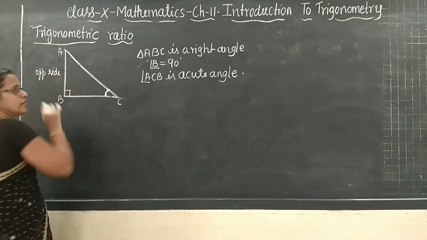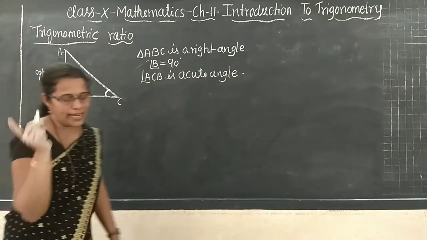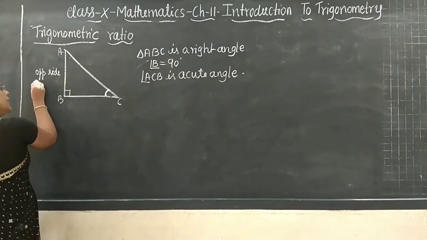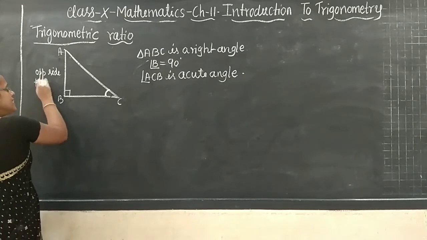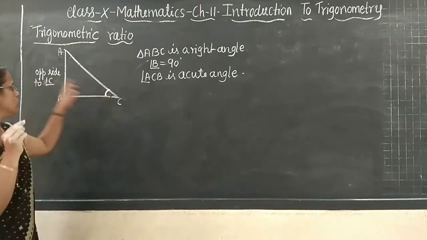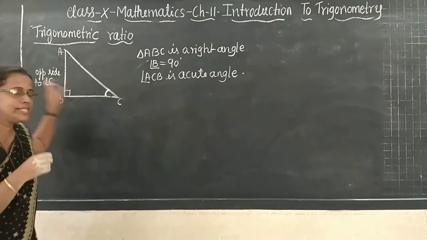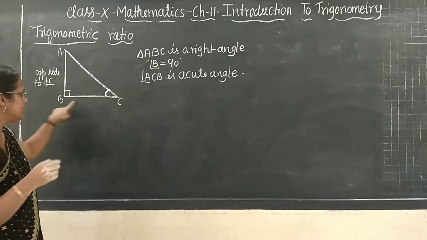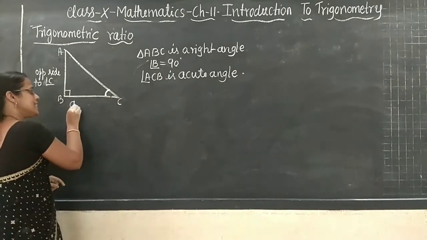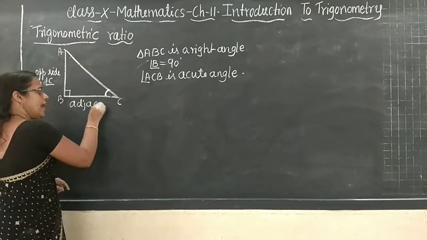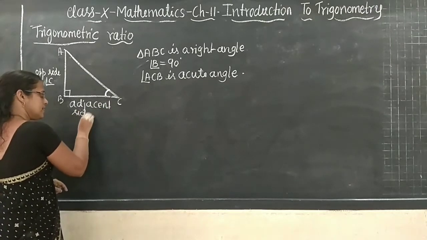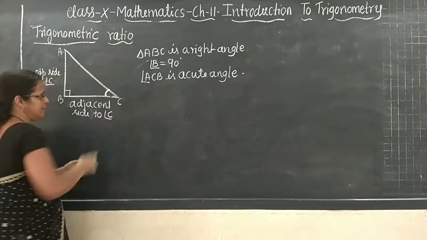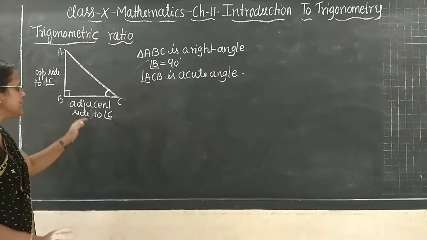This is the opposite side to angle C. Then this line is called the adjacent side, the adjacent side to angle C.